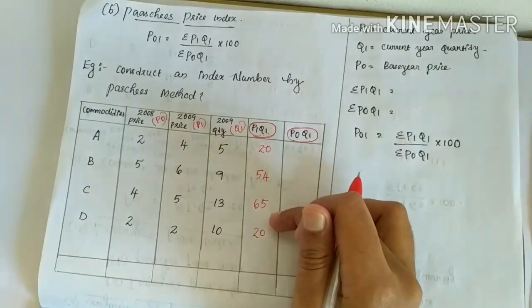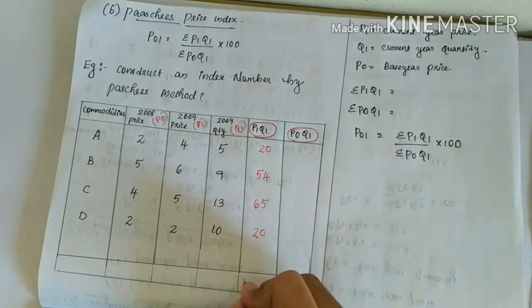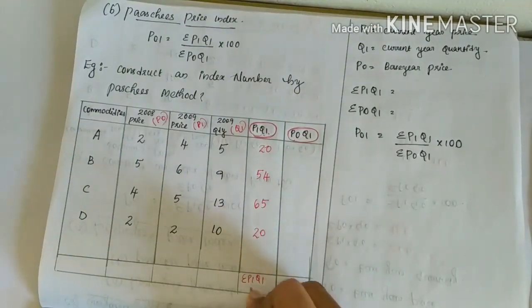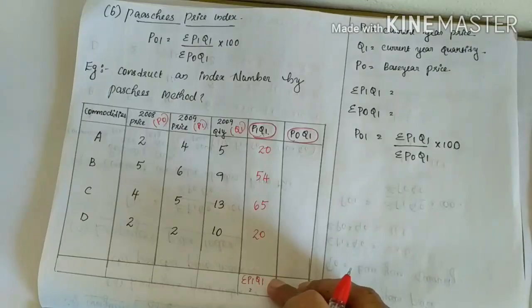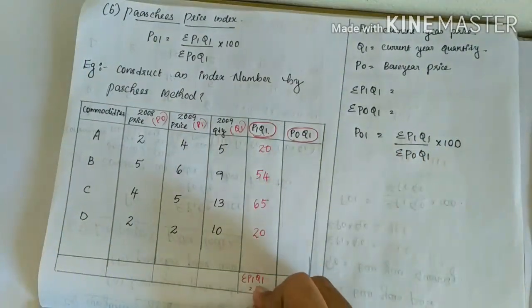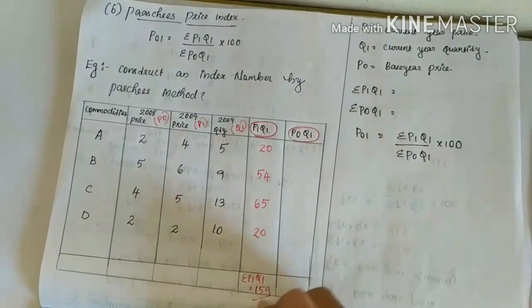After finding P1 into Q1, next find sigma P1 Q1, that is the total of the P1 Q1 column. That is 20 plus 54 plus 65 plus 20. The answer is 159.